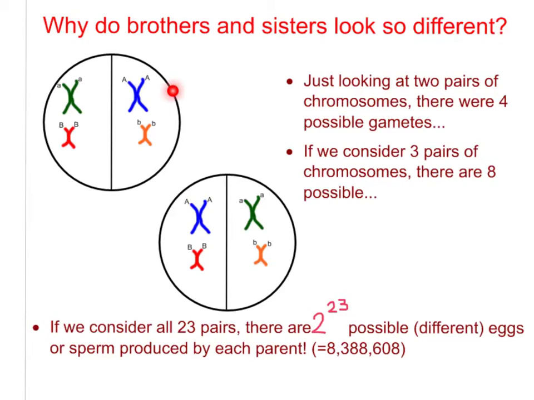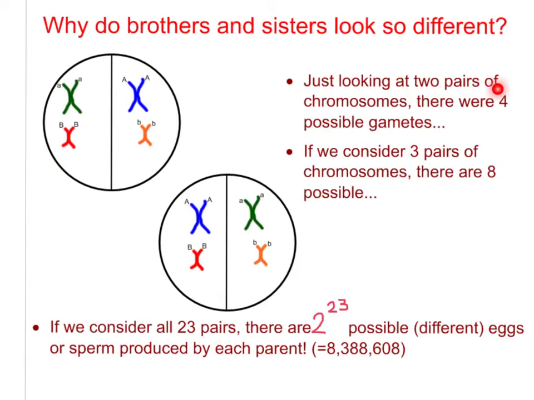They're sorting independently, and if they assort the other way, we have big A over here and little a over here, and we're getting those other potential gametes. So we end up with 4 potential gametes that could be produced for a sperm, and 4 different gamete combinations for an egg. That is looking at 2 pairs of chromosomes.